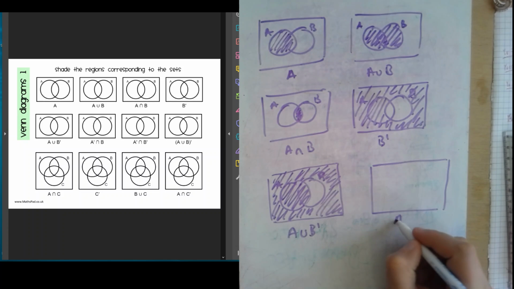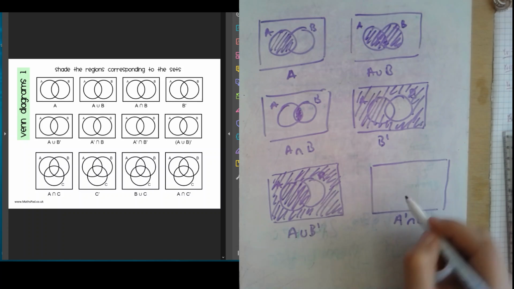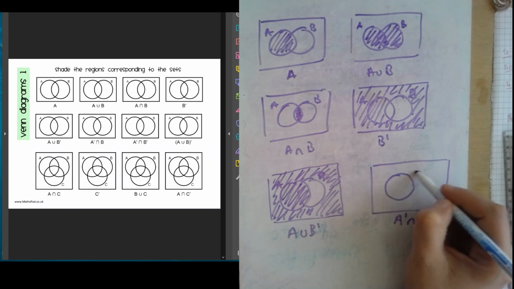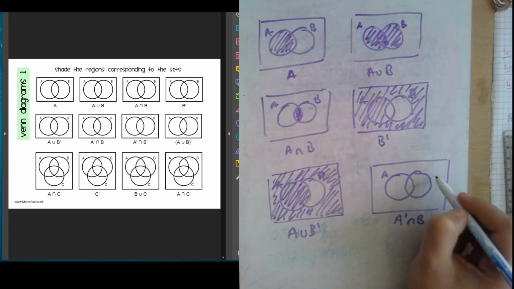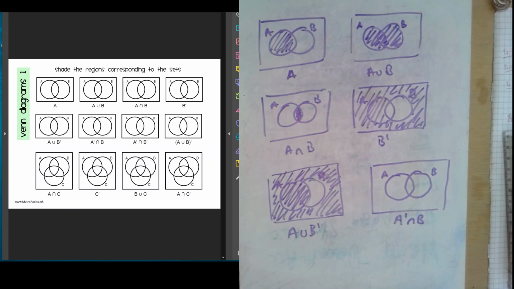Okay, next we have not A and B. So this is where you have to start thinking about your intersection. So I am going to colour this one in orange. Oh, yeah, okay.